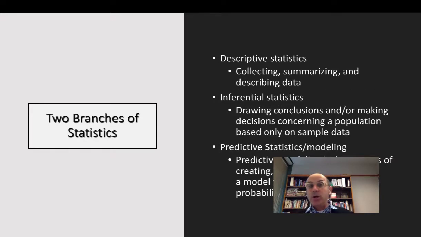In statistics, we often talk about three types of statistics: descriptive, inferential, and predictive or modeling statistics. In the class that I am teaching, we usually cover all those components, where I pay close attention to inferential statistics, where we draw conclusions by taking a sample from the population, and I will talk about that in the next slides.